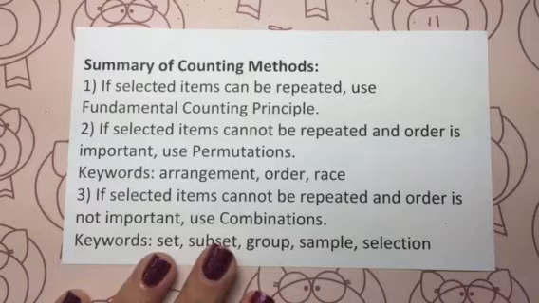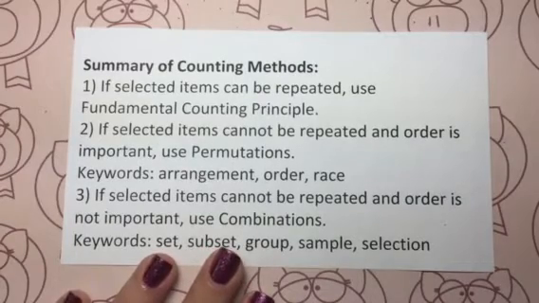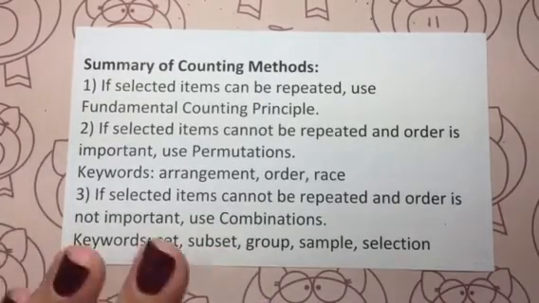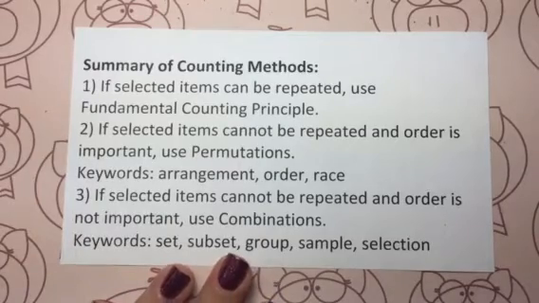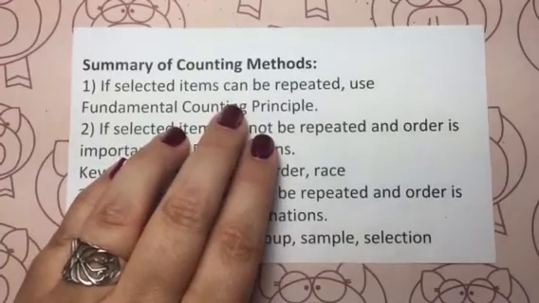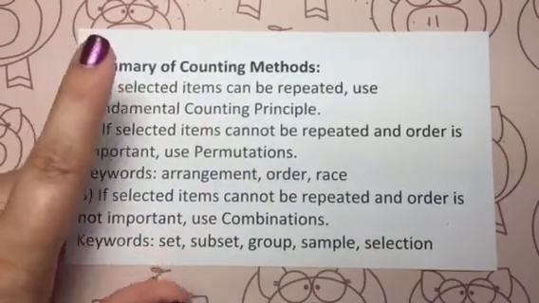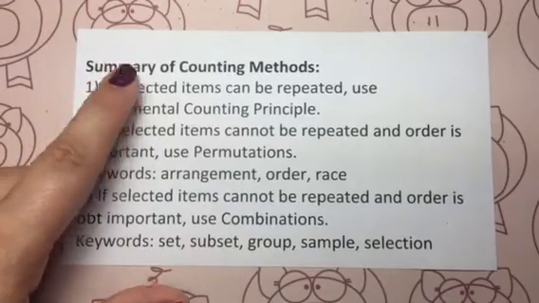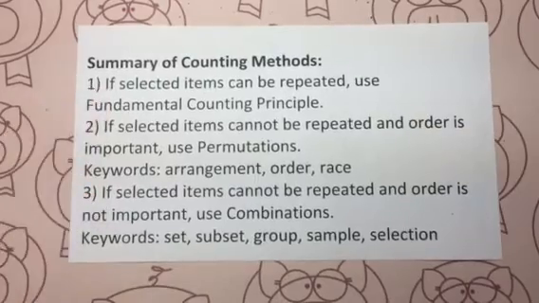When you're running a race, can the same person come in first and second? No, right? If I'm doing 52-card hands in poker, can you be dealt 2 ace of spades? No, that's not how it works. So if you see repetition, such as ATM codes, license plates, things like that, we're going to be using the fundamental counting principle and draw your slots.